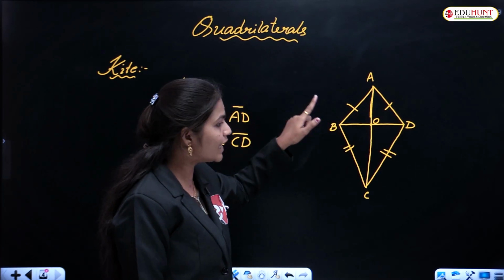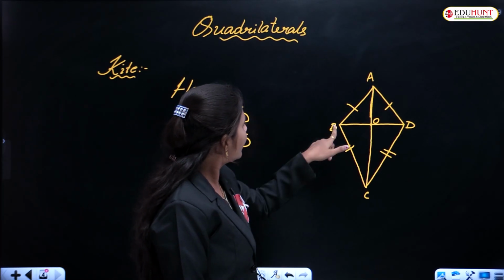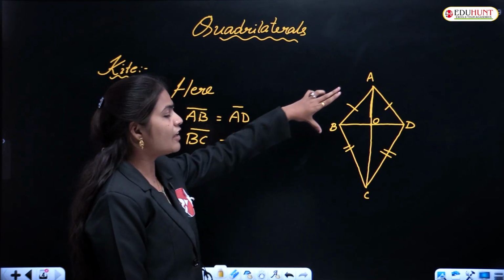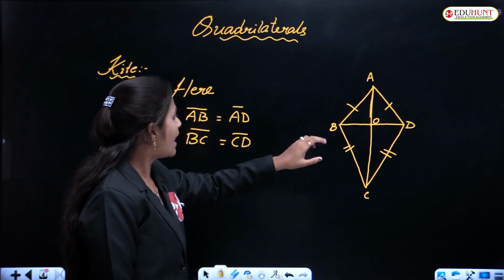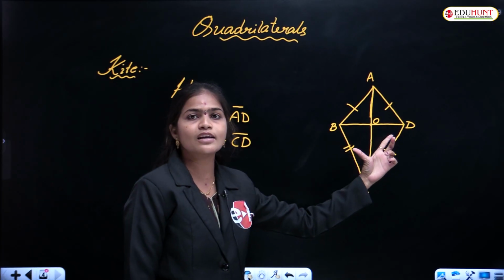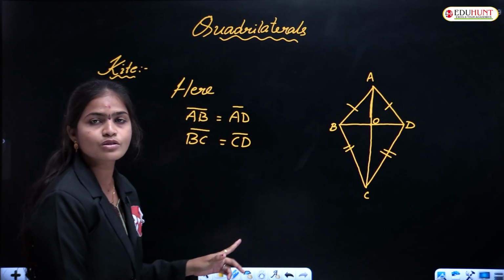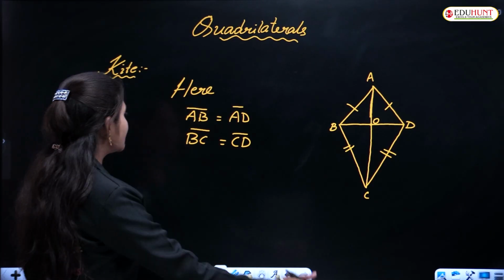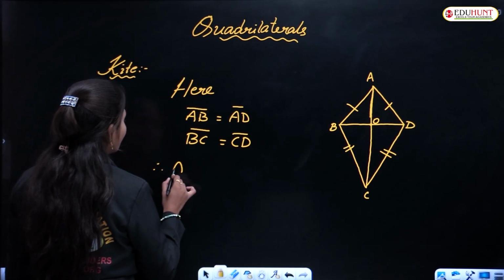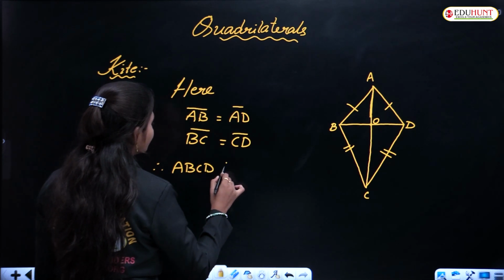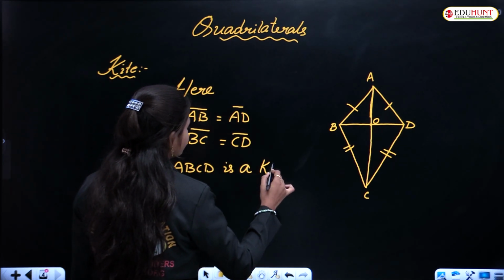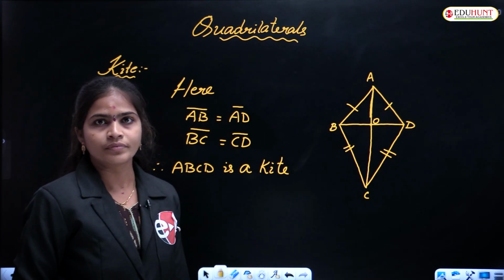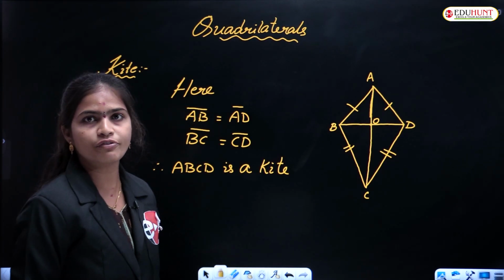So in a quadrilateral ABCD, if AB is equal to AD and BC is equal to CD, then it is called a kite ABCD. Therefore, ABCD is a kite. Okay, children, this is the definition of a kite.